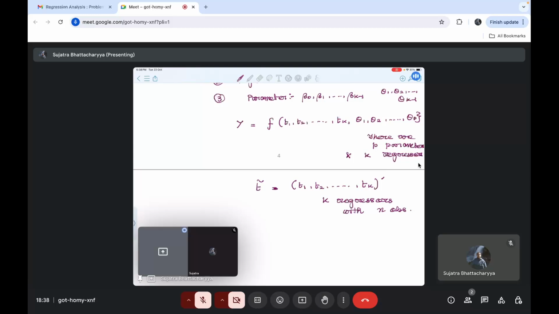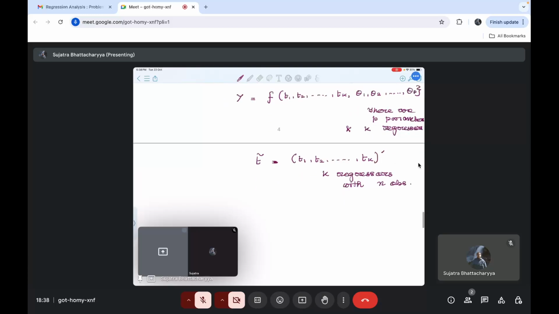If you look at it, it has rows as well as columns, so it is written as a kind of transpose. That means it's kind of a row matrix, but each of these t1, t2, and tk has n observations. So it will be a large row versus column matrix. So we have written it in a kind of vector form.